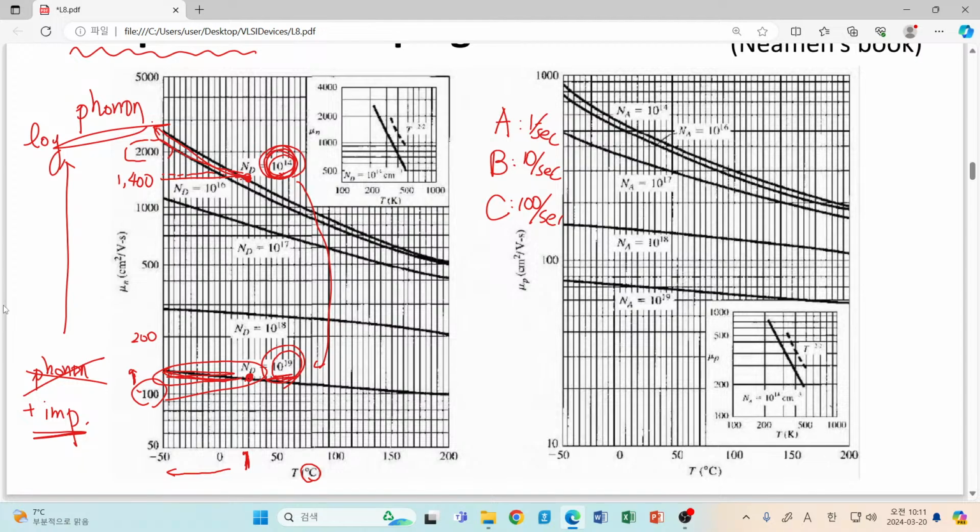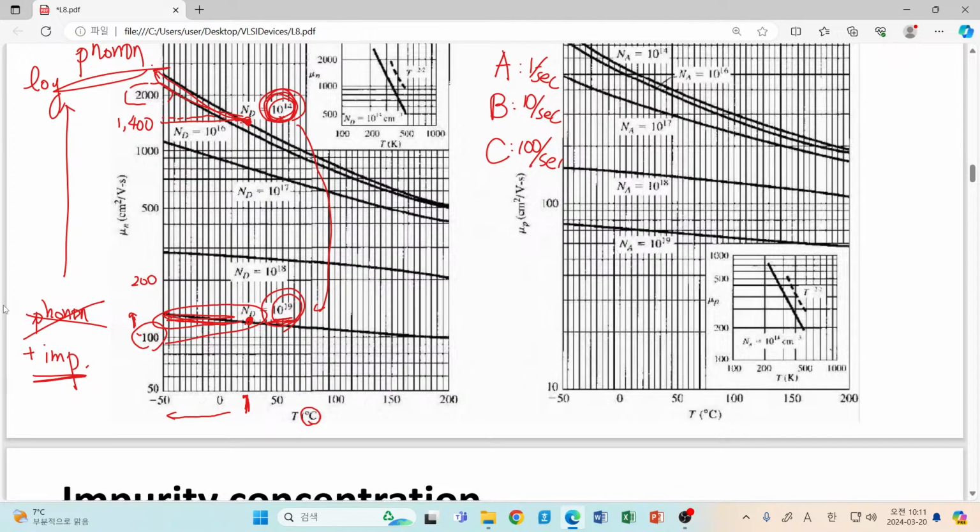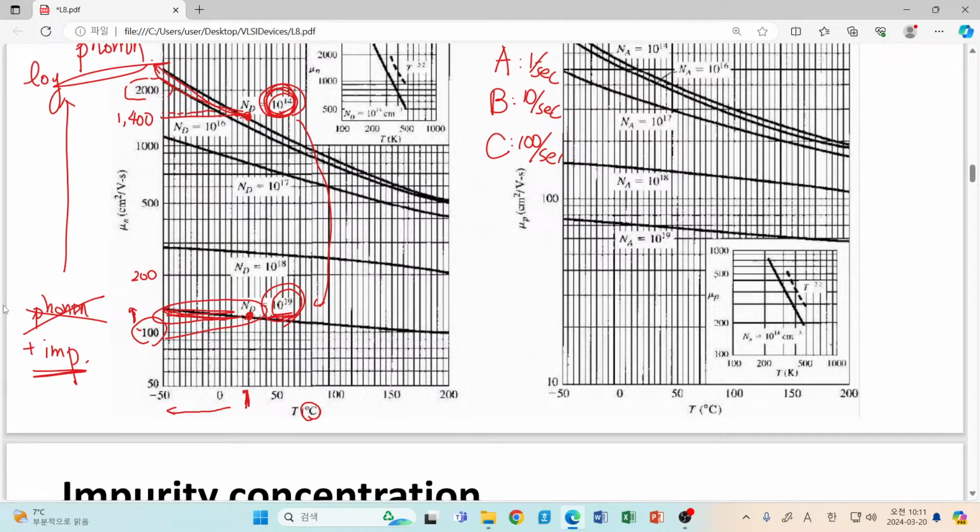So simply speaking, phonon scattering is just scattered in that way. And for impurity scattering, what will be the dominant scatterer? Then impurity. Then how can we model this overall effect out of each contribution?